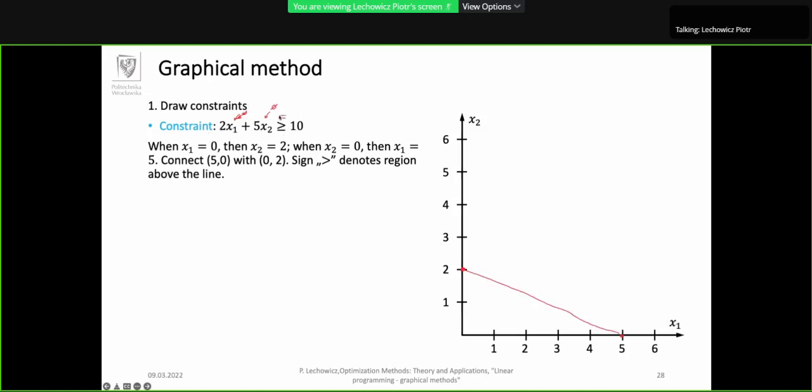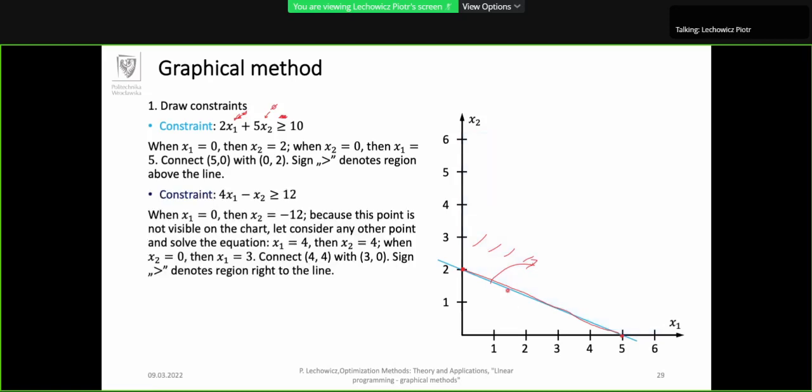So we are forgetting that for a short moment we consider equality, and we are checking if we have greater or equal, it means that we are considering values on the right hand side of the line or above the line. So this is this region, right? So we draw our first constraint.